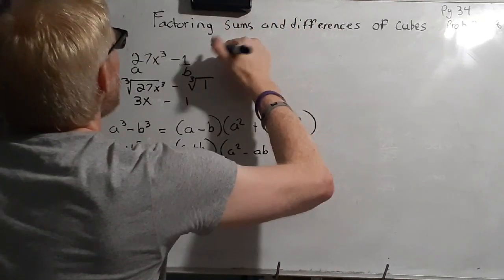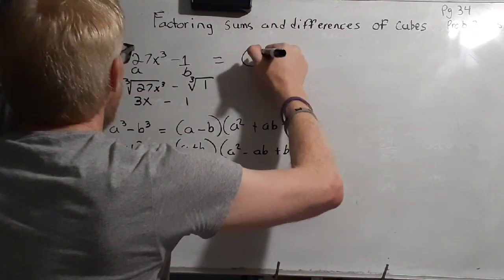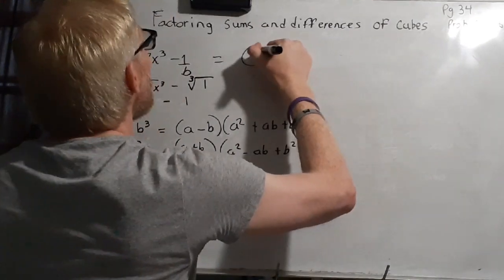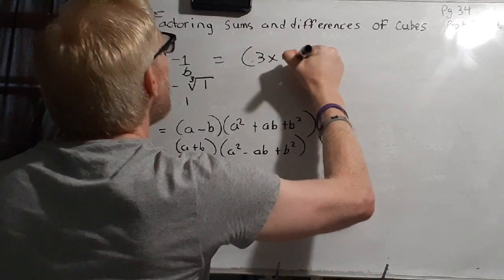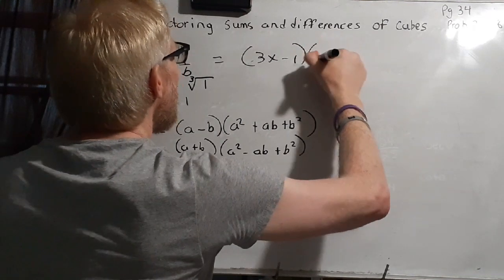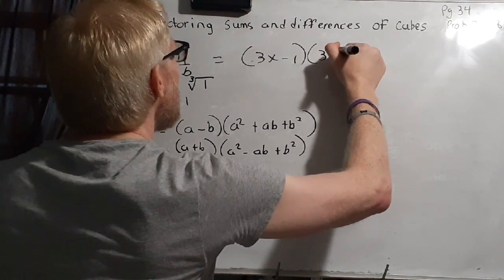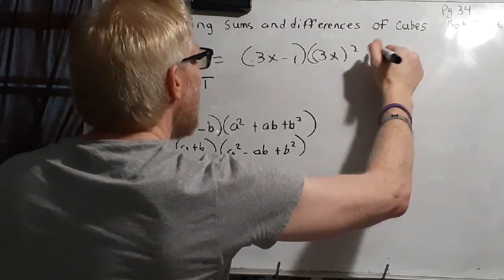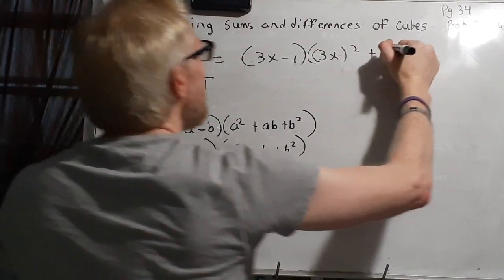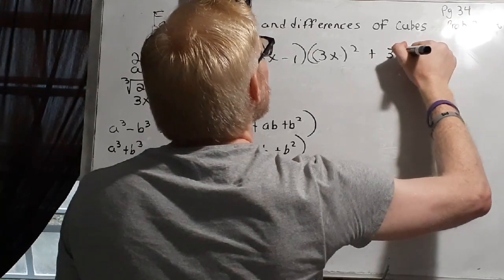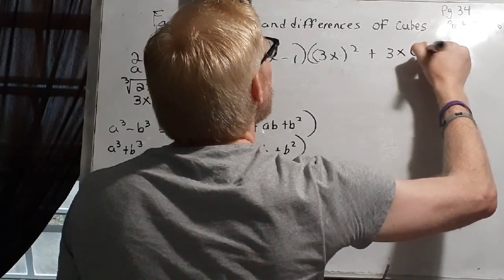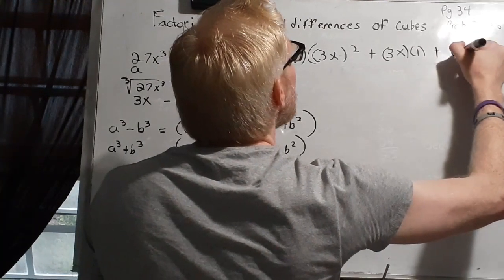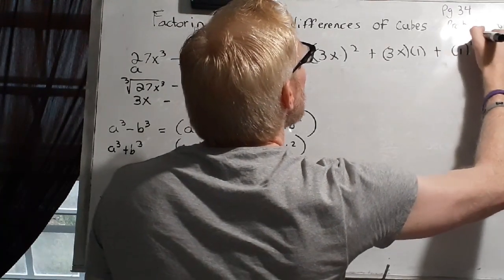So 27x cubed minus 1 equals A, which is 3x, minus B, which is 1. So 3x minus 1 times A squared, which is 3x squared, plus A times B, which is 3x times 1, plus B squared, which is 1 squared.